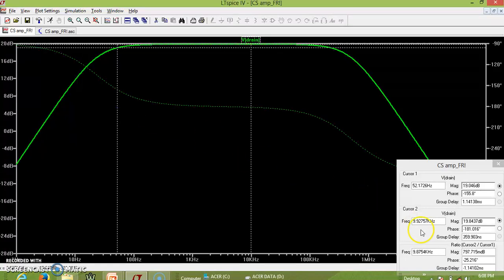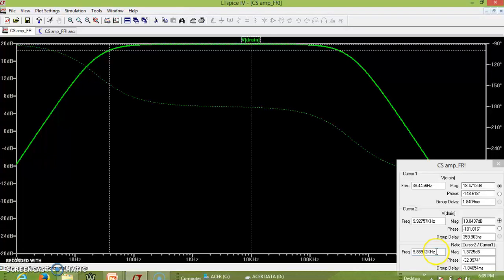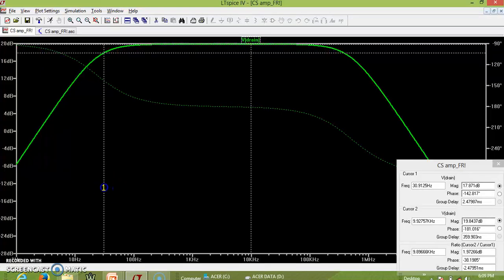Please have a look at this difference in the magnitude. When this comes out to be 3 dB, the corresponding frequency of cursor one happens to be the cutoff frequency. So this difference should come out to be 3 dB. 3 dB down from the maximum corresponds to the cutoff frequency.